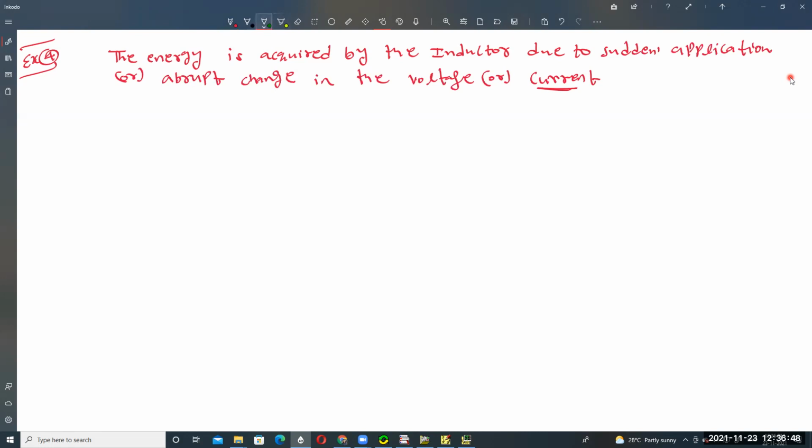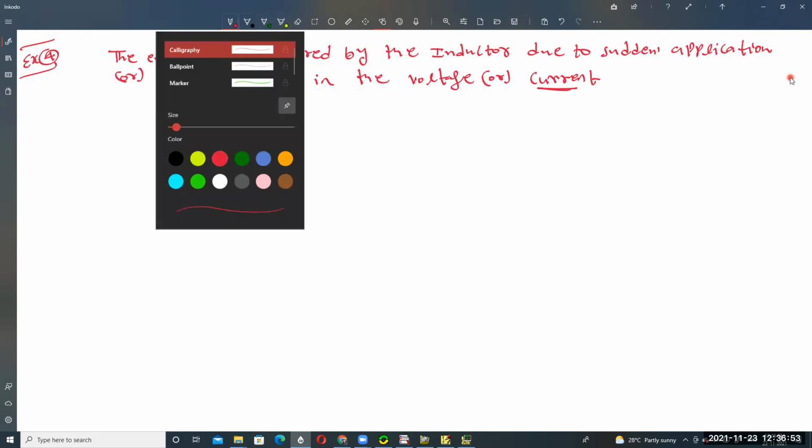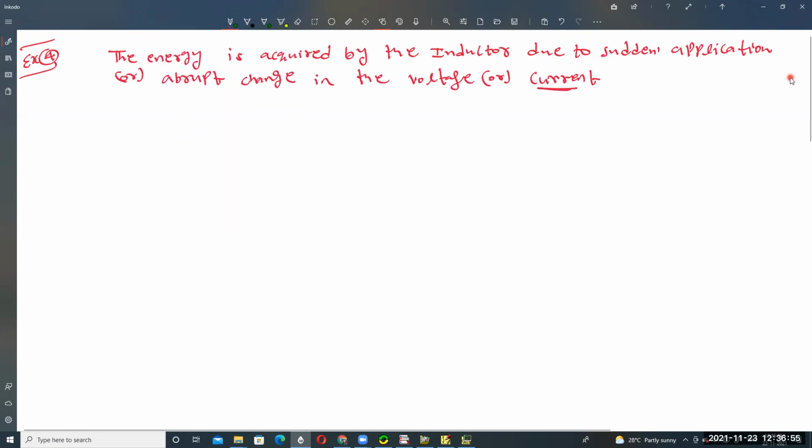So this is the circuit diagram. Here there is a 2 ohm resistor, a voltage source VDC of 24 volts, and a switch connected like this. This is our inductor.